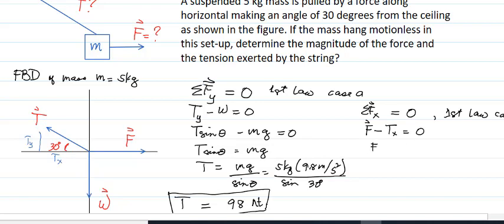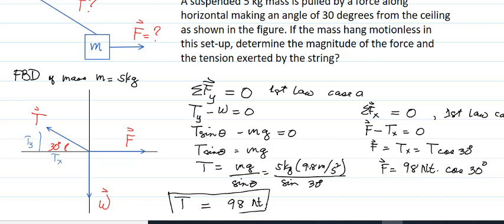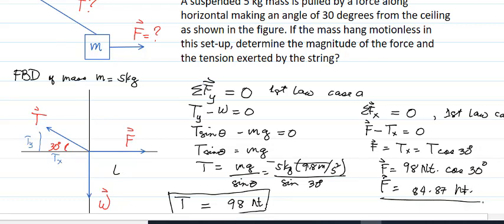So force now is equal to the Tx, or this is just T cosine of our angle theta, 30 degrees. We know the value of T. So F is equal to 98 newtons times cosine 30 degrees. So our F is equal to 87 newtons. So this is our magnitude of force directed along horizontal.